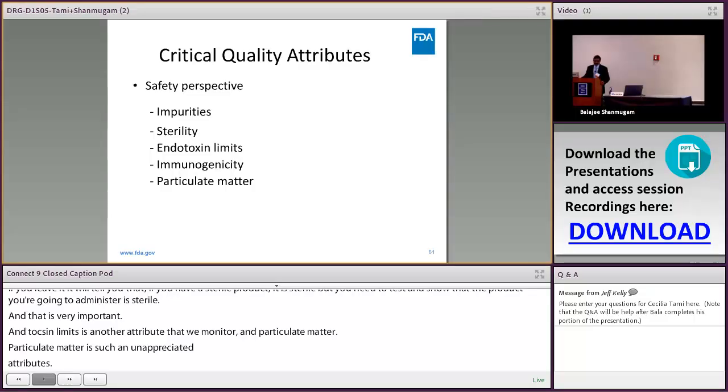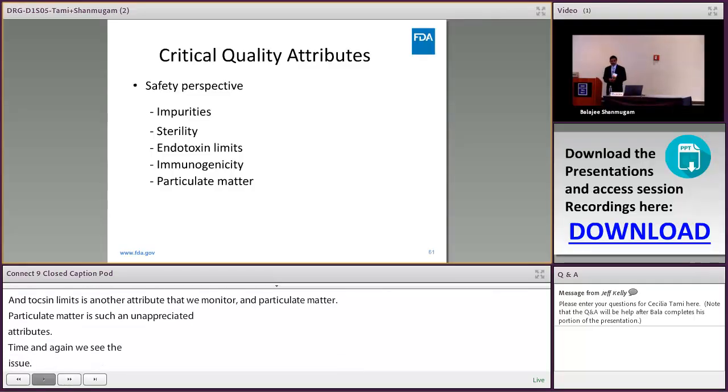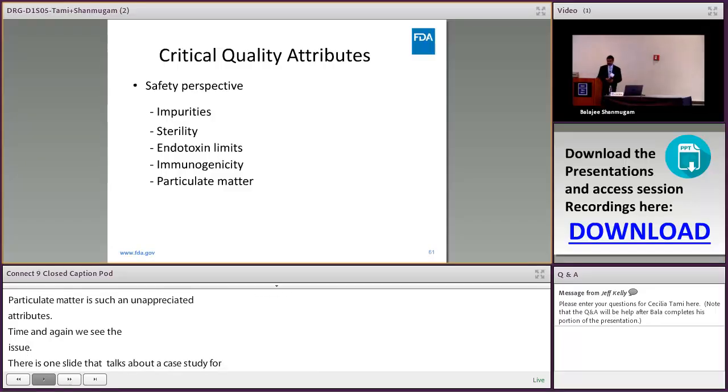And time and again, we see this issue of particulate matter. There was one slide which talks about a case study where it was not tested for particulate matter, and we went back to them and said, you need to provide this data to make sure that nothing falls apart. One thing is the potency, but the other concern we have, at least from an IND point of view, is the safety of this particulate matter.